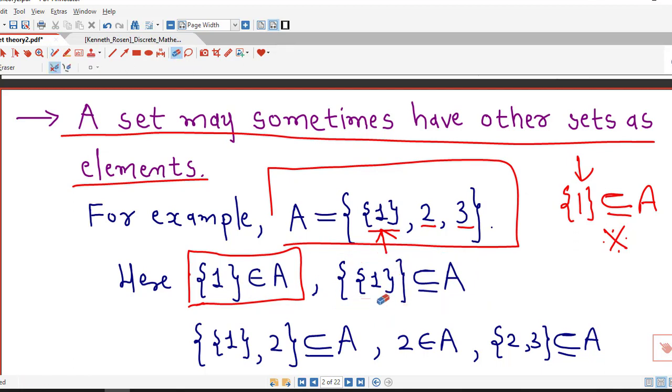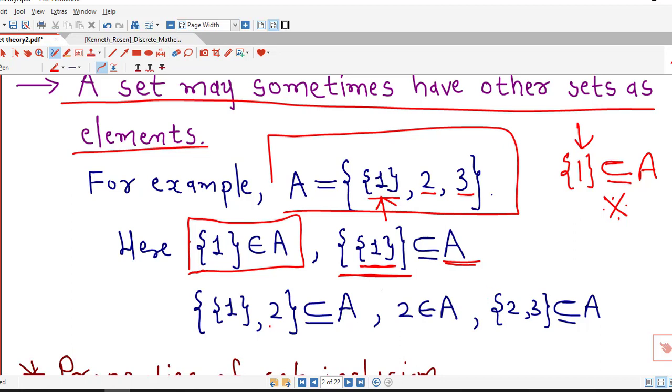So be careful here also: this set has only one element, which is the set containing 1, and it is also present in set A. Therefore, this set is a subset of set A. Similarly, if we consider this set, then it has two elements, the set containing 1 and element 2.